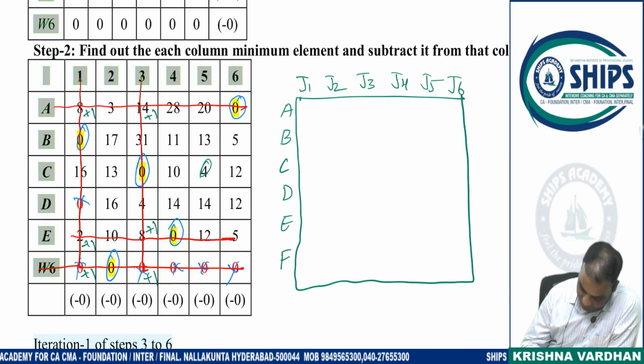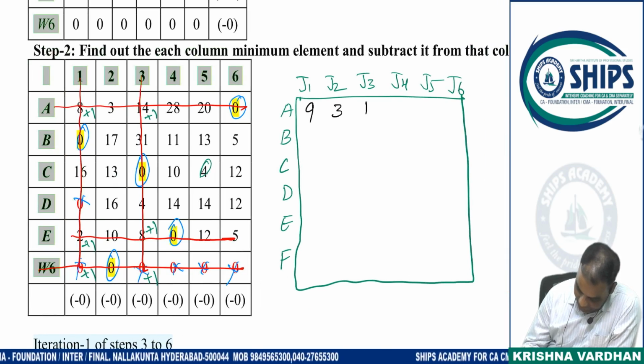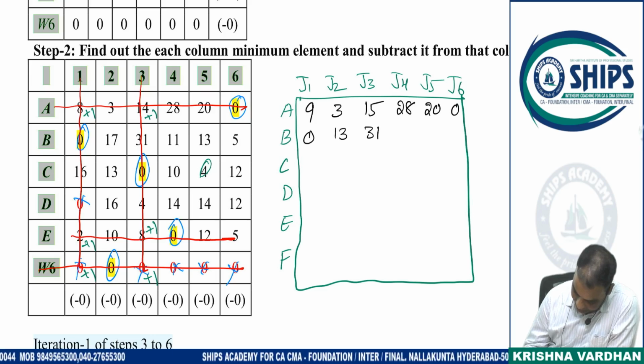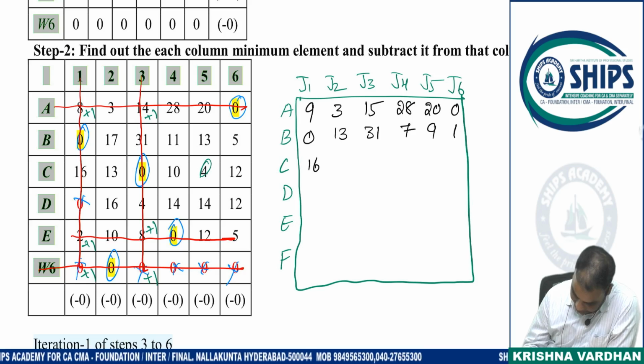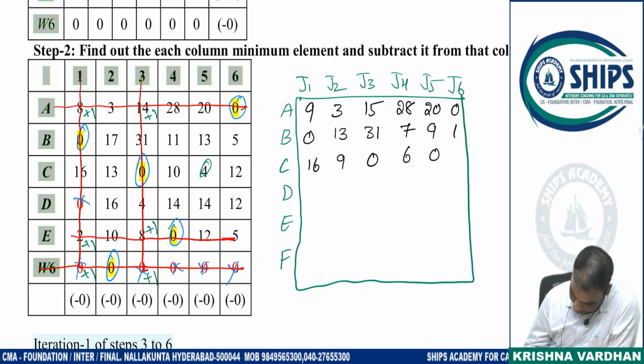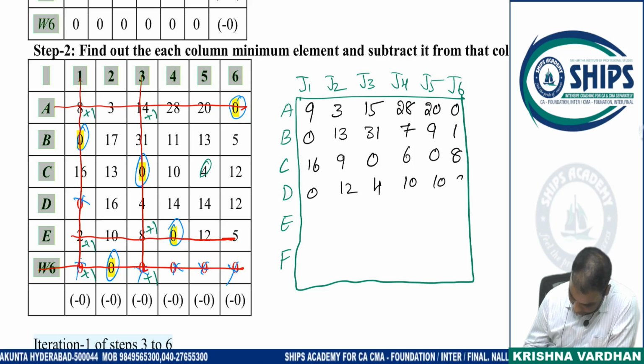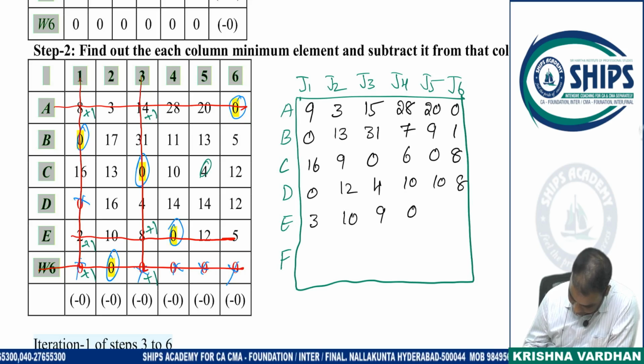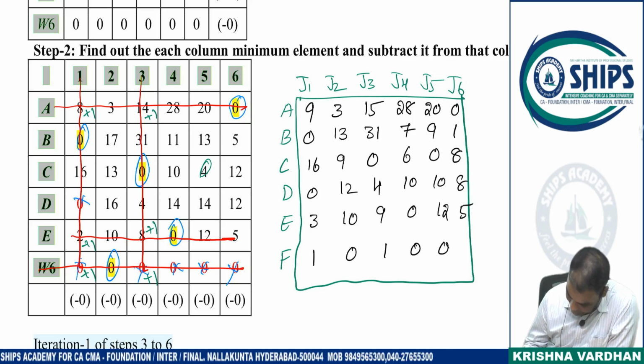Tell the values now. 9, 3, 15, 17 minus 4, 13, 11 minus 4, 16, 3. One, 0, 1, 0, 0, 0.